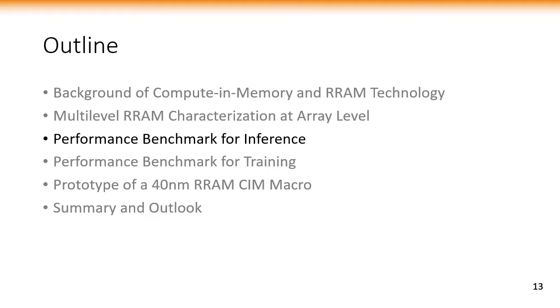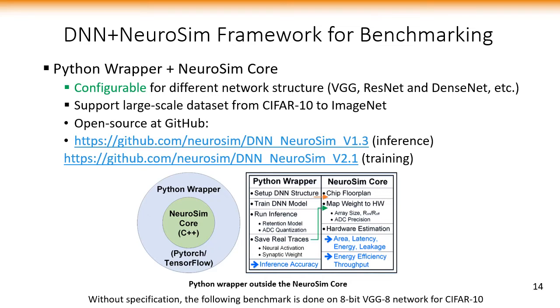Next, we are going to show the benchmark results for the inference performance if we use RRAM technology. First of all, we would like to introduce a framework for the benchmark. Here we use this DNN plus NeuroSim framework developed by our group to do the following benchmark.